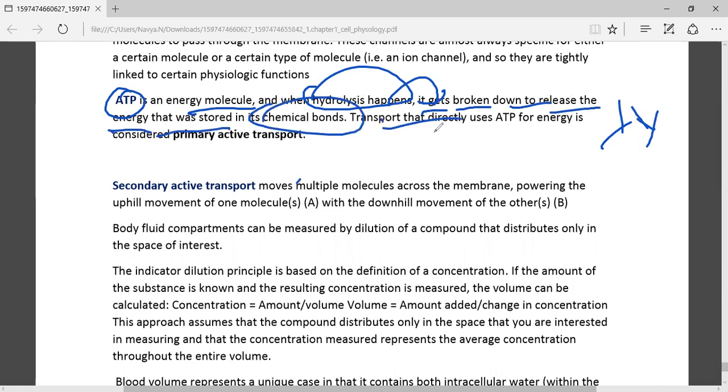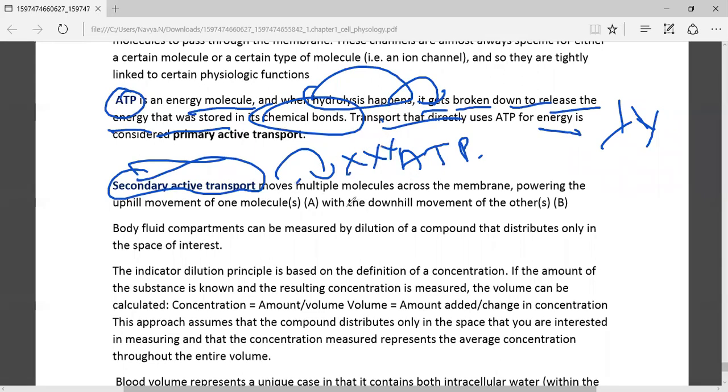A transporter that directly uses ATP for energy is primary active transport. We also have secondary active transport, which moves multiple molecules across the membrane, covering the uphill movement of one molecule with the downhill movement of the other.